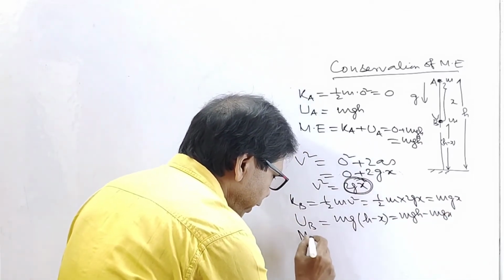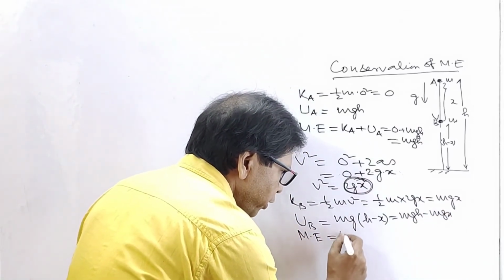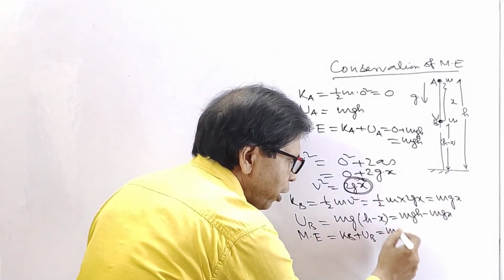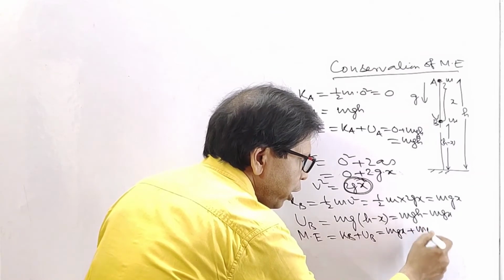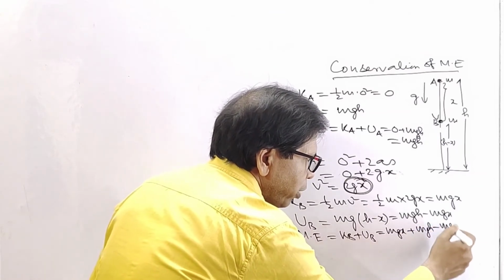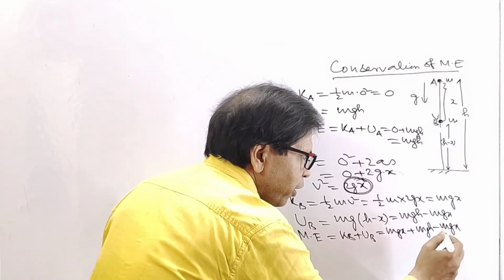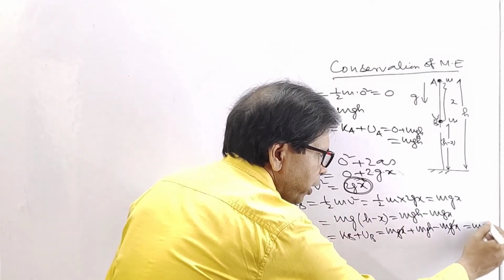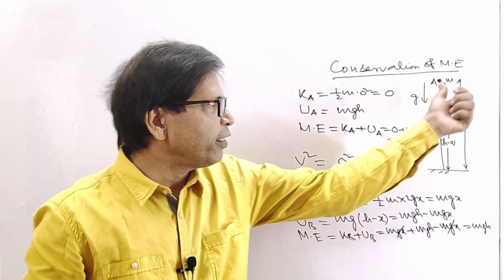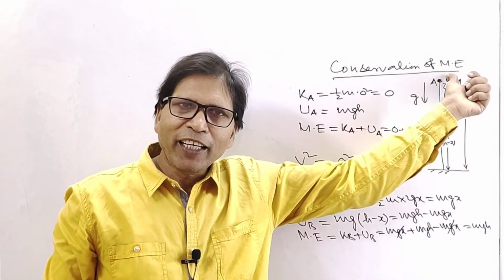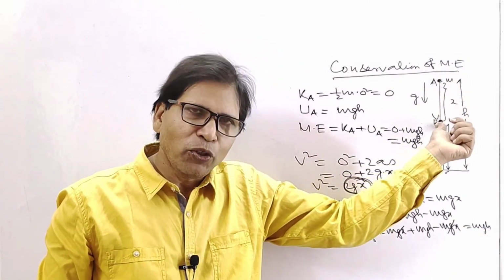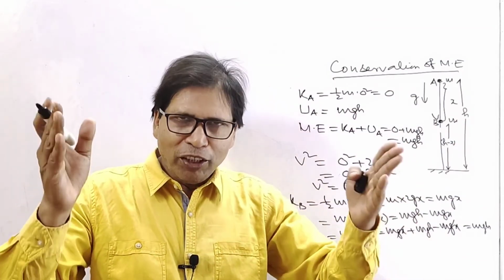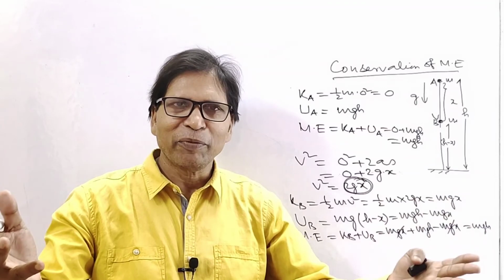Therefore the mechanical energy at the point B is KB plus UB, which is mgx plus mgh minus mgx. So the mgx terms cancel, and this equals mgh. Here the mechanical energy is mgh, and there the mechanical energy is also mgh.